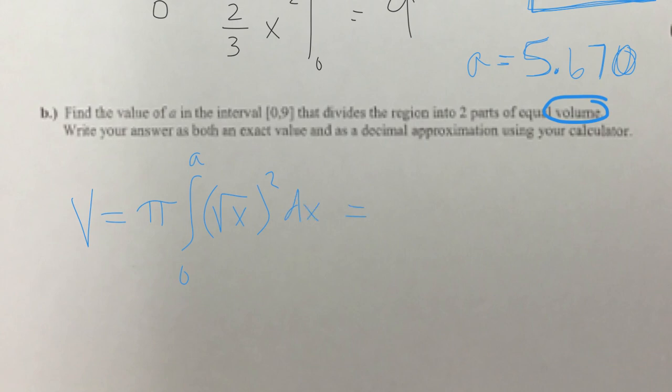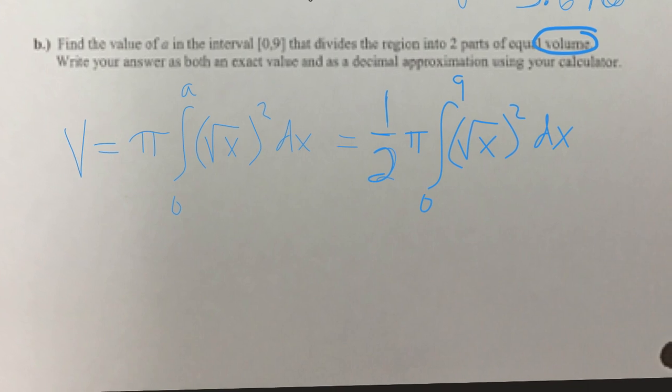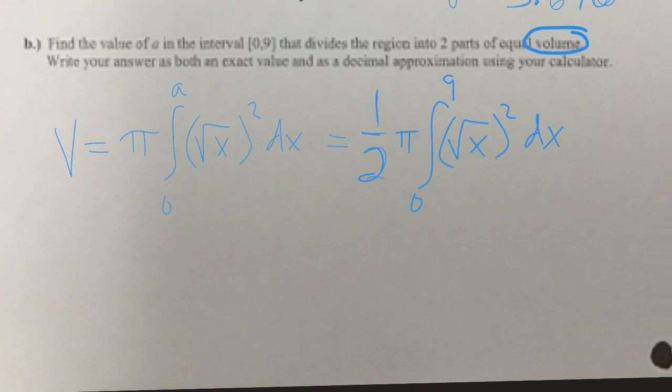That needs to equal half of pi times the integral from 0 to 9 of root x squared dx. Okay, so I think we can pretty much just divide both sides by pi, and that's fine.